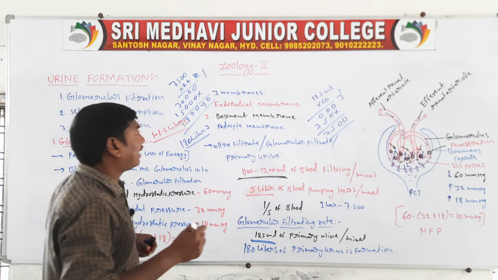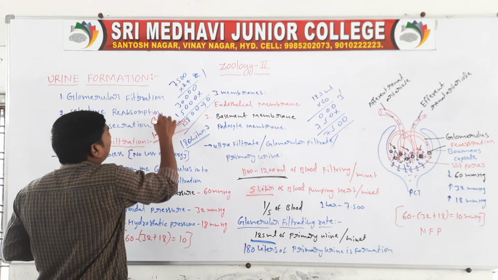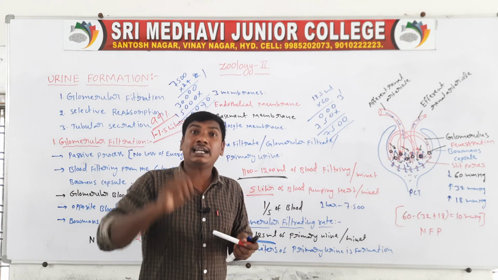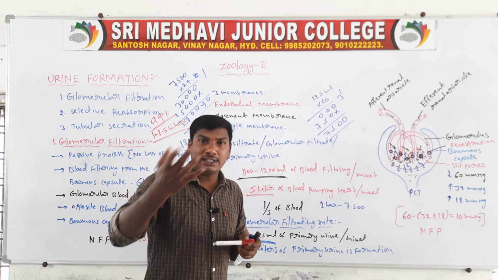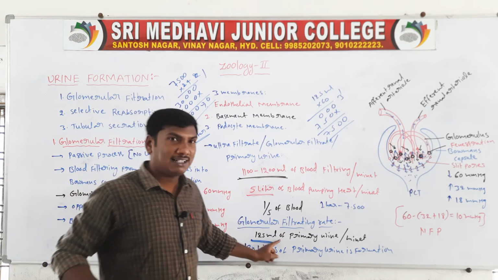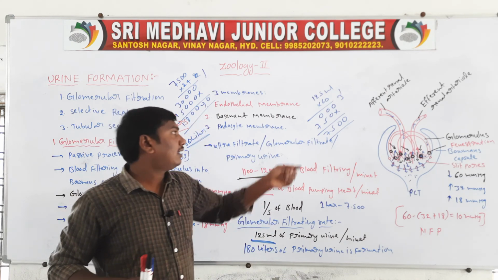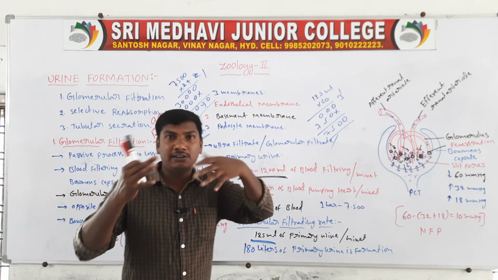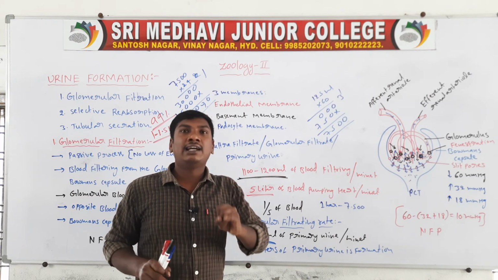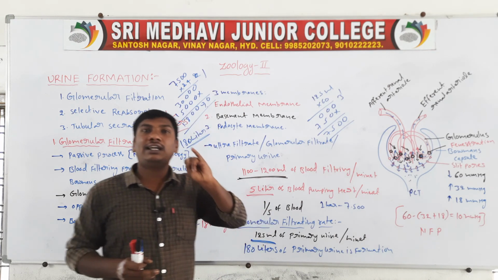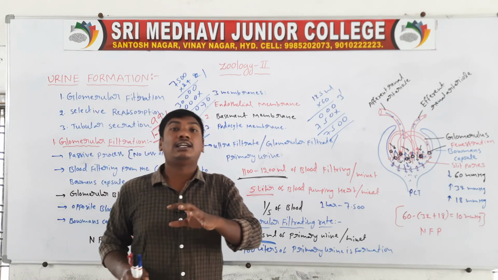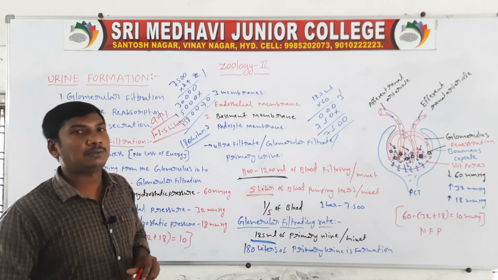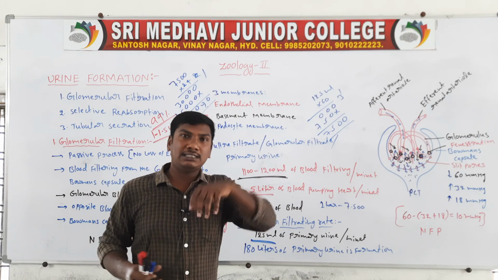The remaining nearly 99% of primary urine is reabsorbed. Per minute 125 ml of primary urine is formed, per hour 7.5 liters, per day 180 liters, but only 1 to 1.5 liters is excreted.